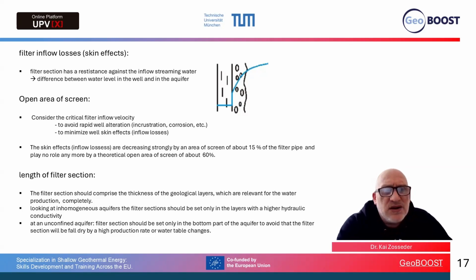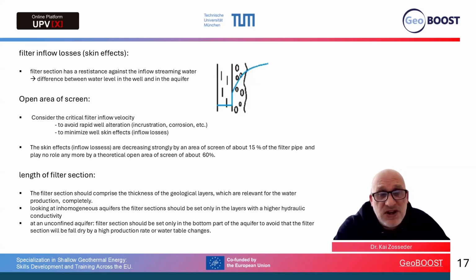So there is a critical filter slot size and a filter inflow velocity. This must be considered to avoid rapid well alteration. If the flow velocity changes a lot and is very heterogeneous, and you should also minimize the well skin effects, so inflow losses.